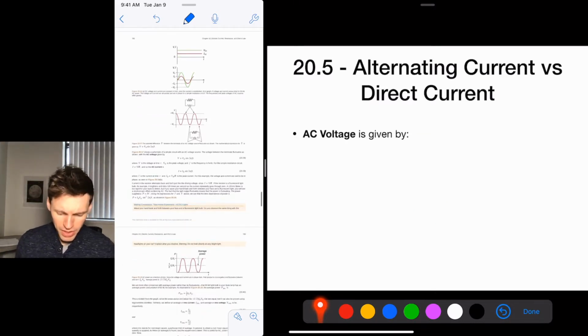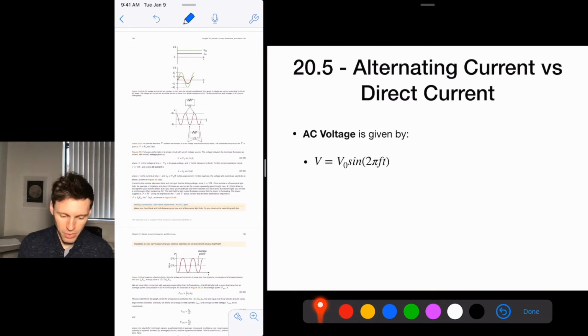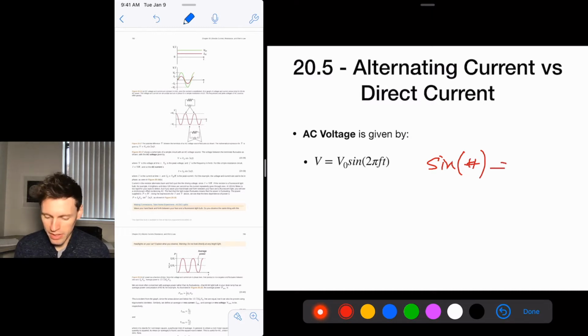AC voltage is given by this equation. You can model that graph with V0 sine of 2 pi ft. Remember that whatever number you put inside sine, the output is between -1 and 1. It could be 0.7, it could be negative 0.6, whatever it is, it's between -1 and 1.